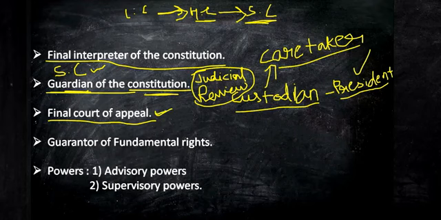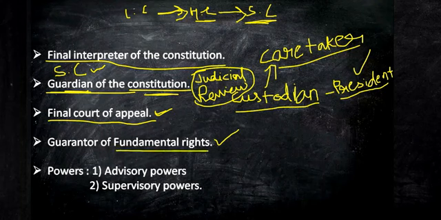Is it clear? Now let's talk about the fourth function of the Supreme Court. It is the function of the Supreme Court to guarantee the fundamental rights to the citizens. Now how is the Supreme Court guaranteeing the fundamental rights to the citizens?